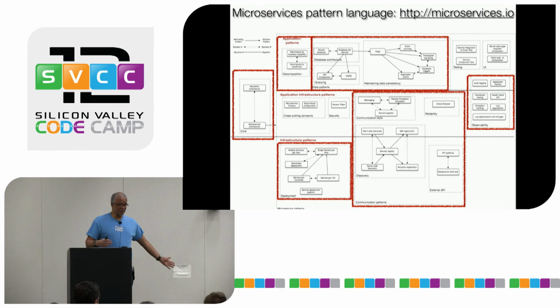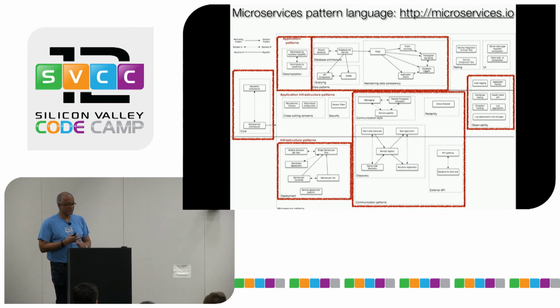A request comes into your services, it could potentially bounce around amongst 10 different services. How on earth do you troubleshoot it, right? So there are patterns such as log aggregation, distributed tracing, and so on, that enable you to figure out what the heck is going on inside your system.